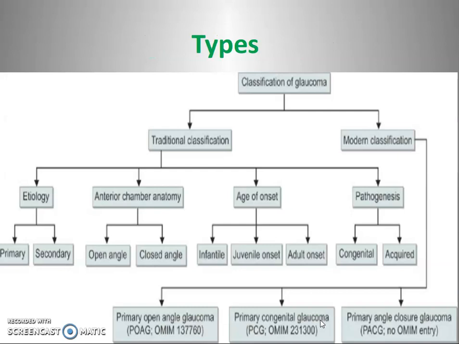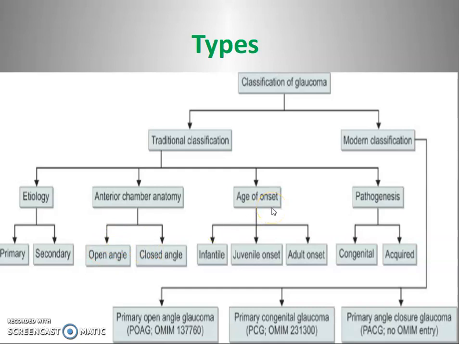Next, here are some types which are mentioned as per the different classification systems, like the traditional way and the modern way of classification. In the traditional way, as per the etiology, they are considered primary and secondary glaucoma. As per the anatomical view, it is also called open angle and closed angle glaucoma, and that we have to study in detail.